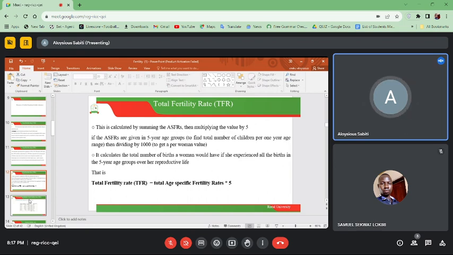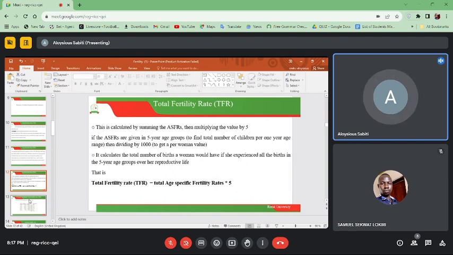5. So if the age-specific fertility rates are given in 5-year age groups, to find the total number of children per 1-year age range, then you divide by 1,000 to get a per woman value. So it calculates the total number of births a woman would have if she experienced all the births in the 5-year age groups over her reproductive life.